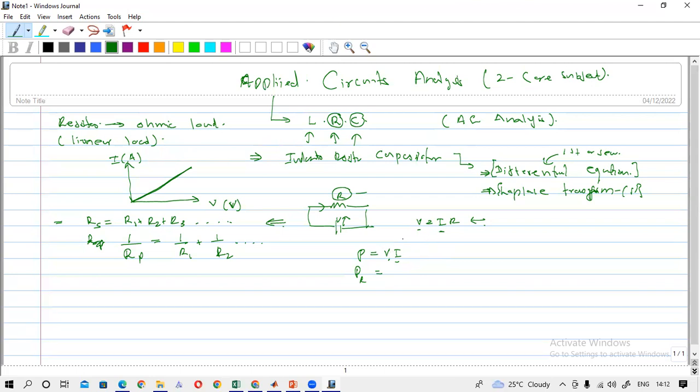If you substitute IR instead of V, you will get I squared R. And if you substitute V by R instead of I, since I is equal to V by R, you will get V squared divided by R. So this is the power across the resistor.